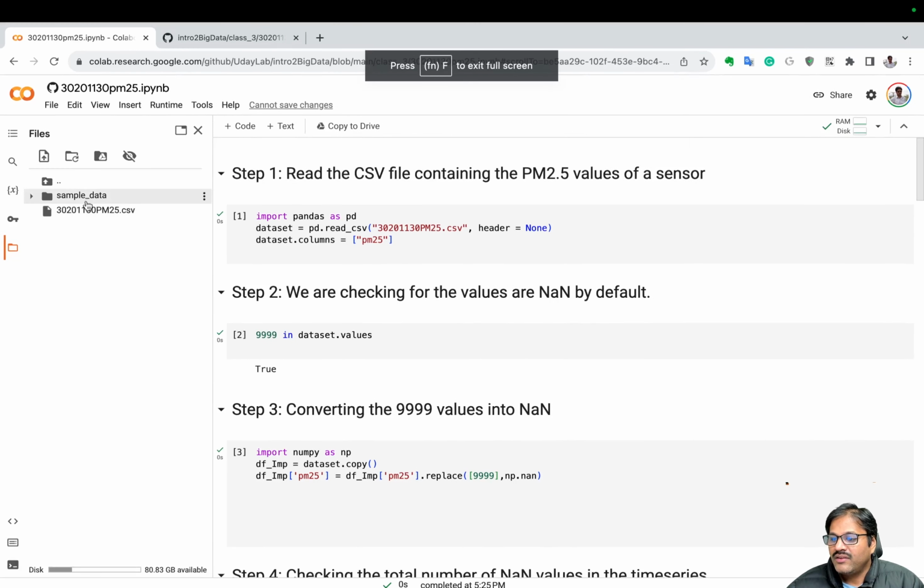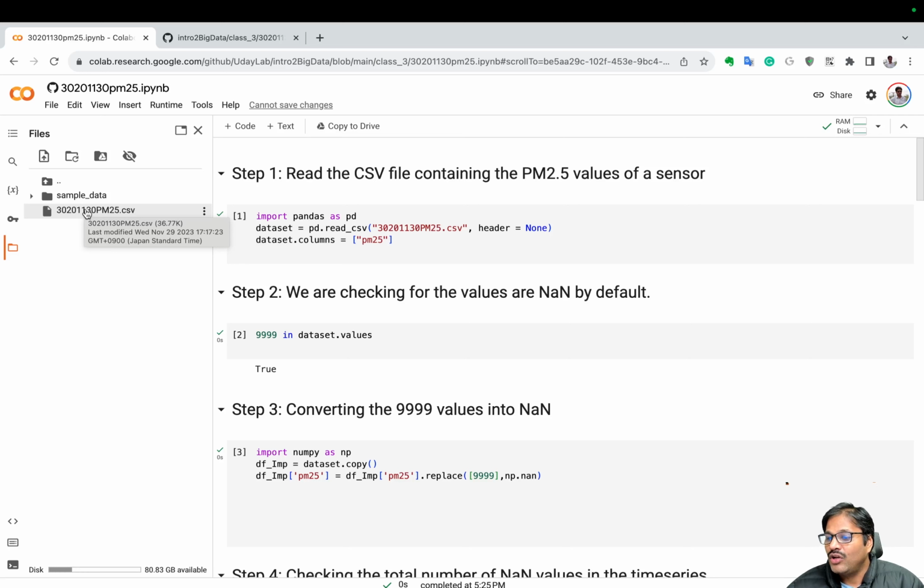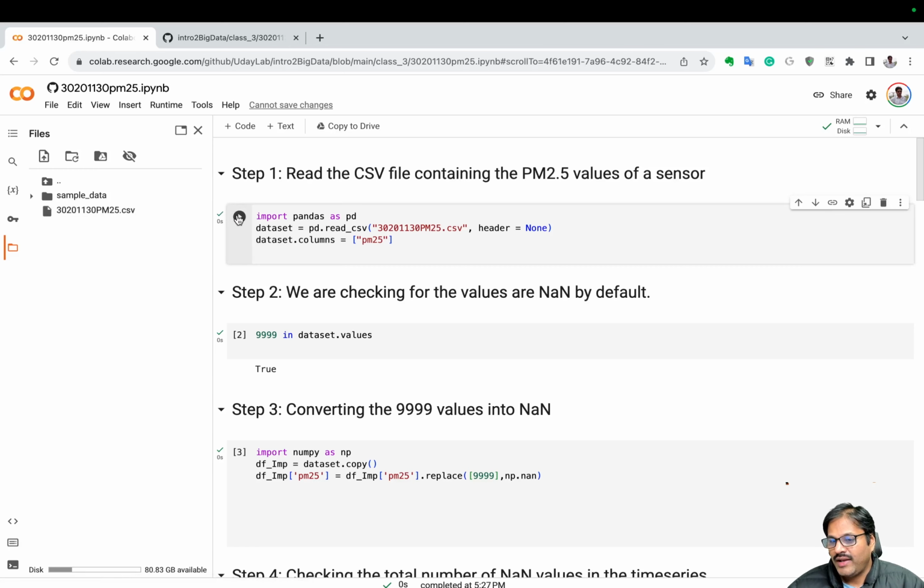So please ensure that the time series data is already available in your virtual machine. You can do this either by mounting your Google Cloud Drive or uploading the CSV file here by pressing this button. Now, in the first step, what we are going to do is, using the pandas data frame, we are going to read this file.